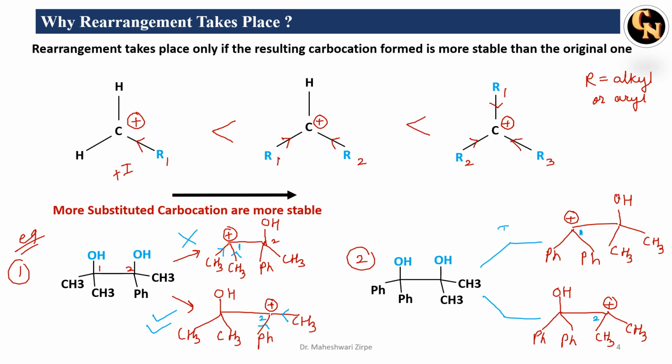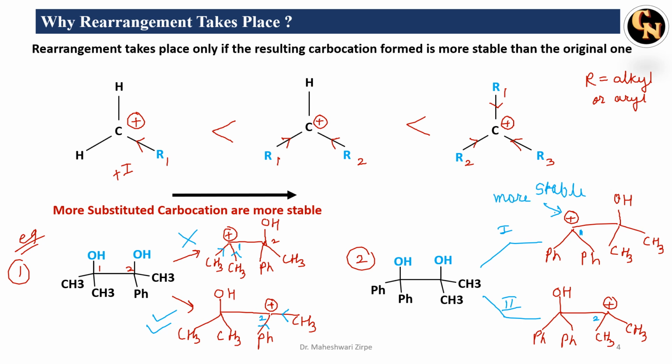So path 1 and path 2. We have to find out the stability of both the carbocations first. In the first path, there are two phenyl rings, so two phenyl rings will stabilize the carbocation more. This carbocation will be more stable than the second path.